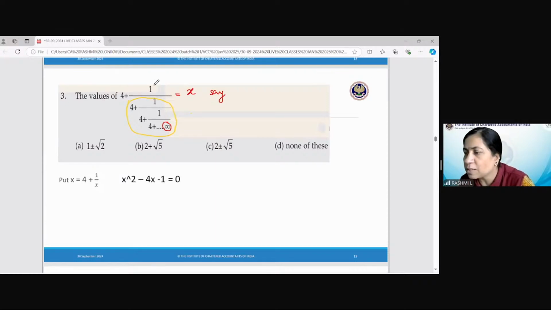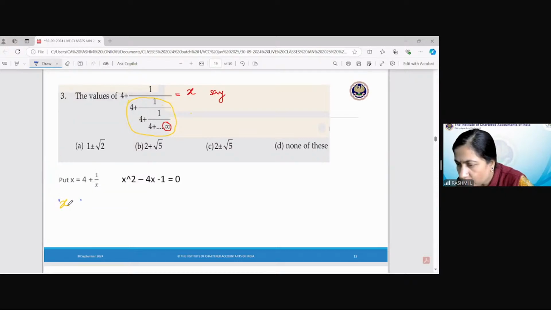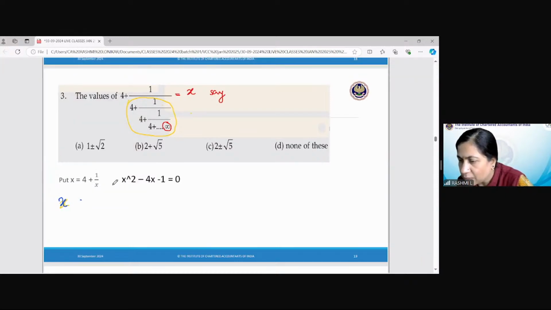This portion is the same as this: 4 plus 1 upon x. This is also 4 plus 1 upon something. So for this also I can write x. So this x is equal to 4 plus 1 upon x.